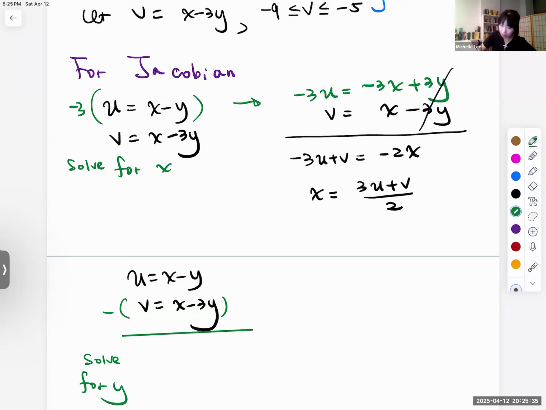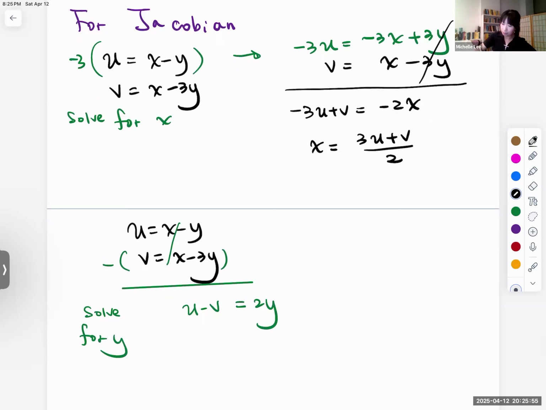So we will have u minus v equal to negative y plus 3y. So it's plus 2y then. Yeah. Okay. y equal to, divide by 2 on both sides. We have a 2, right?